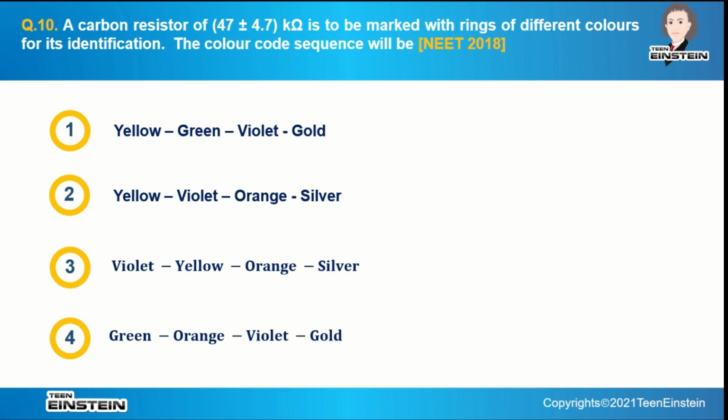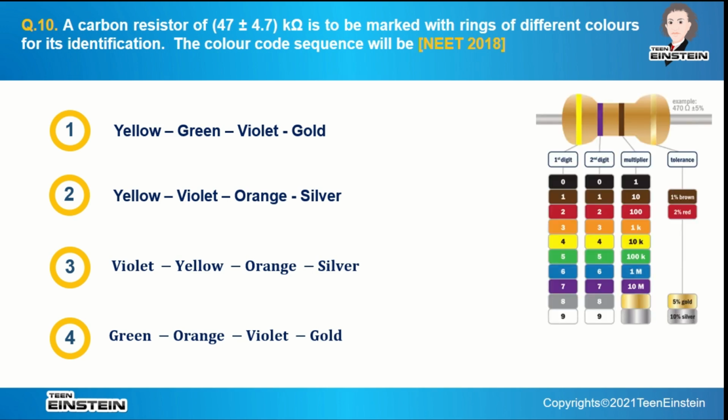A carbon resistor of 47 plus or minus 4.7 kilo ohm is to be marked with rings of different colors for its identification. The color code sequence will be. As I said in the initial slides, you can remember the color codes with the help of mnemonics.